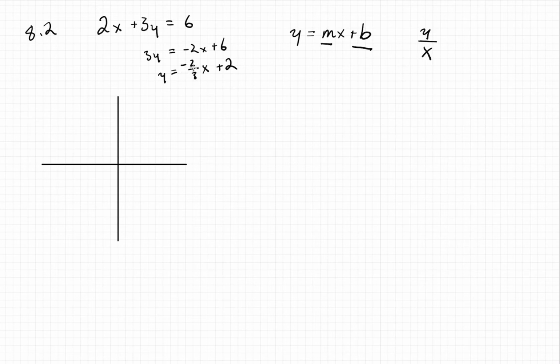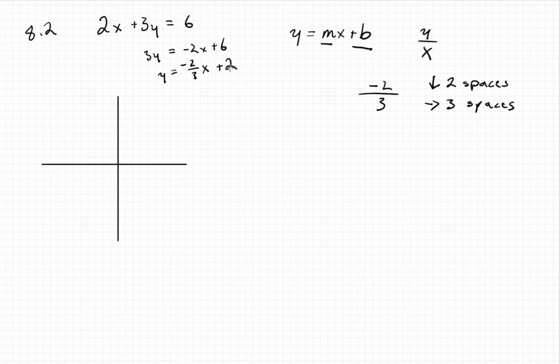So in this case, our slope is negative 2/3. So this negative means that whenever we graph a line from point to point, it's going to go down 2 spaces because it's negative. If it were positive, it would go up 2 spaces. And the x always moves to the right, no matter what. So it's going to go to the right 3 spaces, okay?